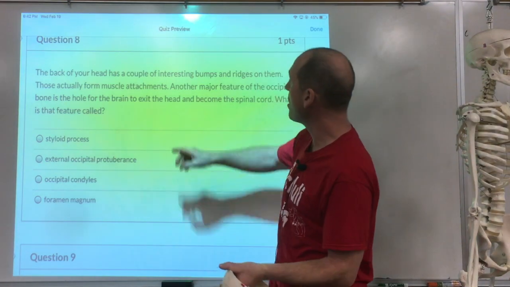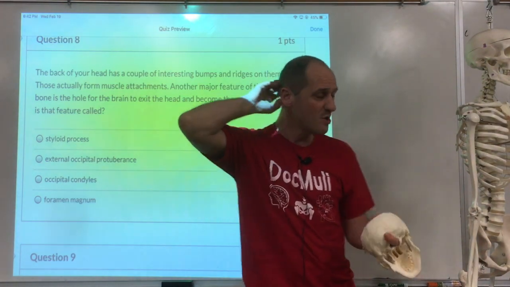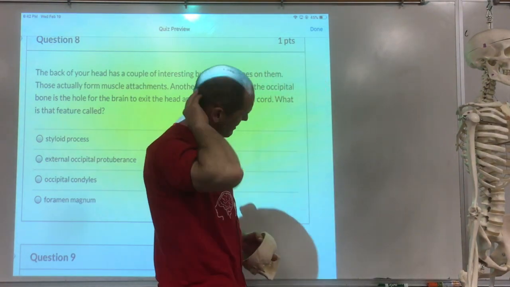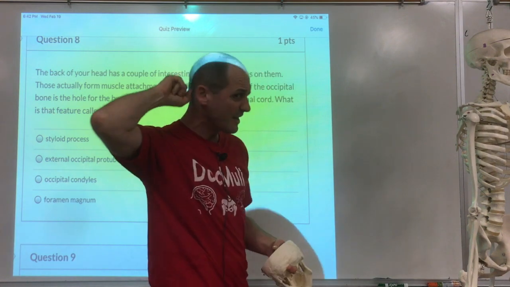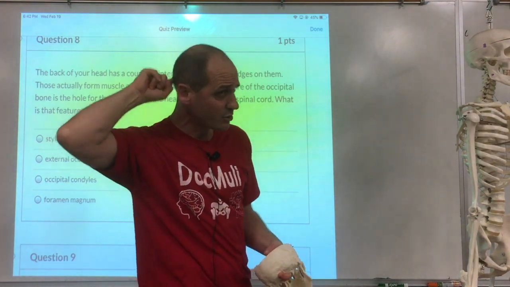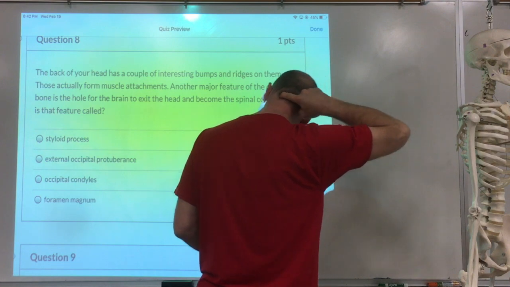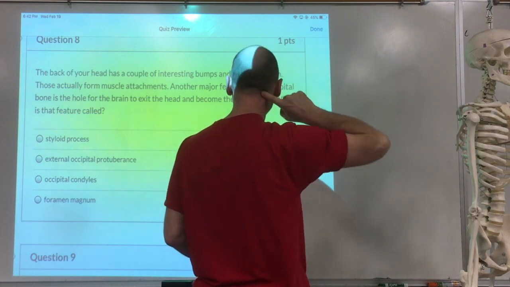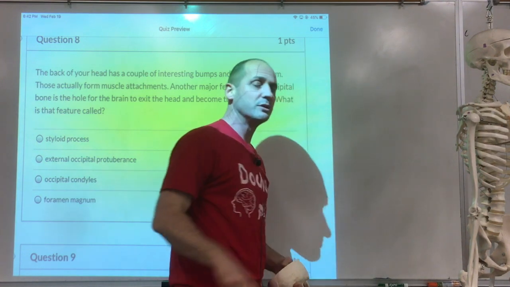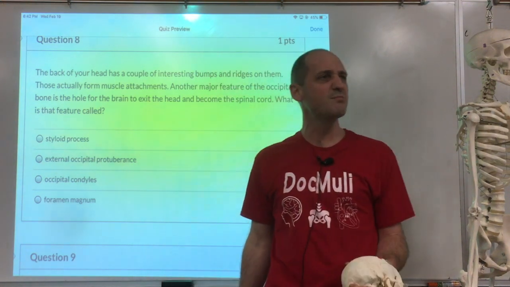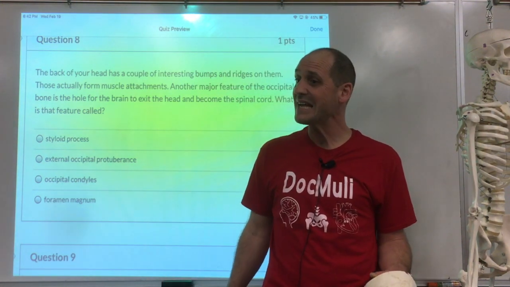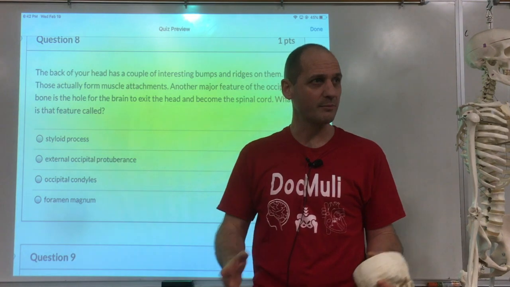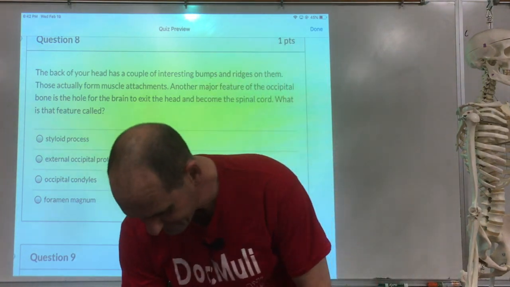And then we have other bumps, they're muscle attachments, and so when you touch the back of your skull, back here, there's a big ridge. You feel that big ridge on you? That goes up and down here? And then underneath it, you've got ropes. Feel the ropes going up and down? Those are muscle attachments. That's your trapezius muscle. If that's really tight, we've got to talk.